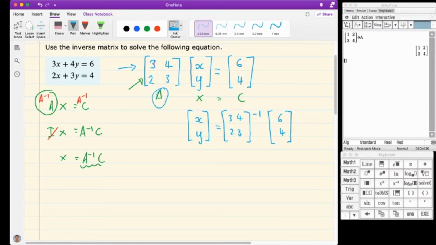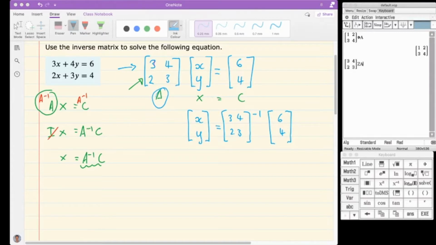Having a look at our CAS now, we can start putting that in. Let's find our math 2. I'm going to put this in straight up. If we wanted to name them as A, well, let's do it the proper way. So 3, 4, 2, 3, and let's name it A, since it's not already taken.